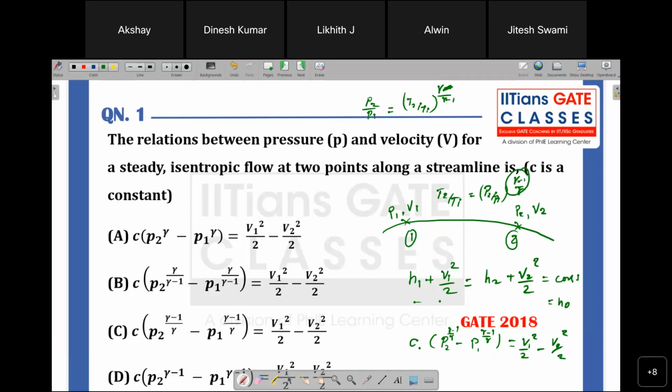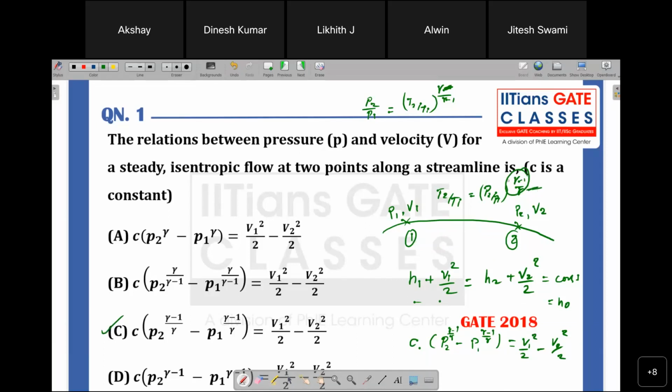The moment you see which of the options consist of this form of gamma minus 1 by gamma exponent, you can tick that answer as correct, because obviously at the end of the day you are going to get this form only. This is the hint over there.